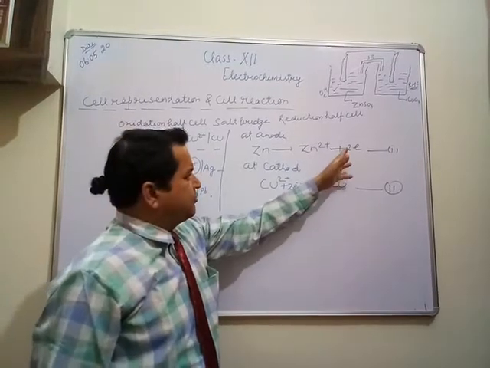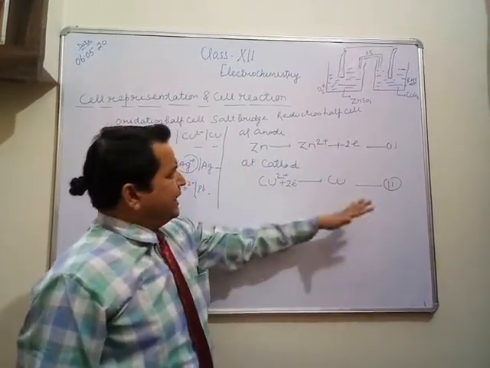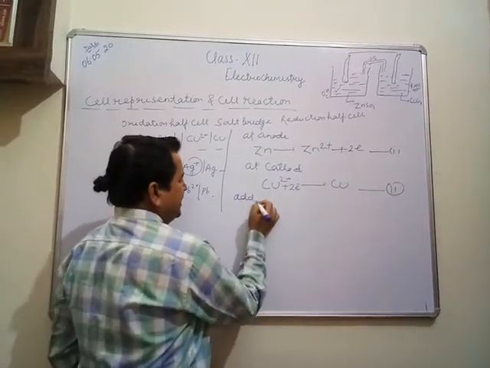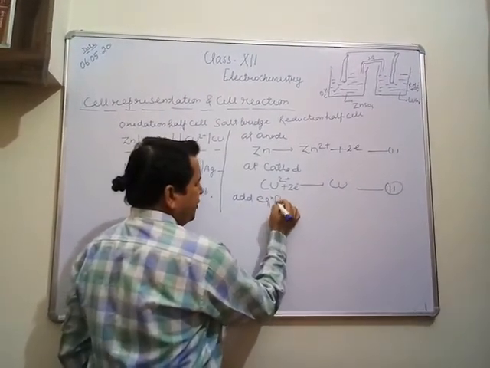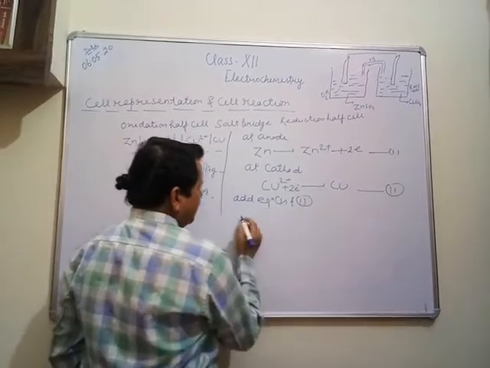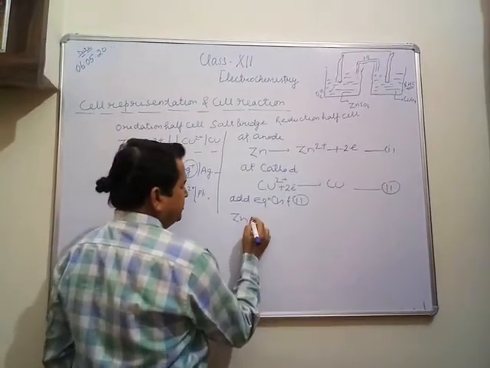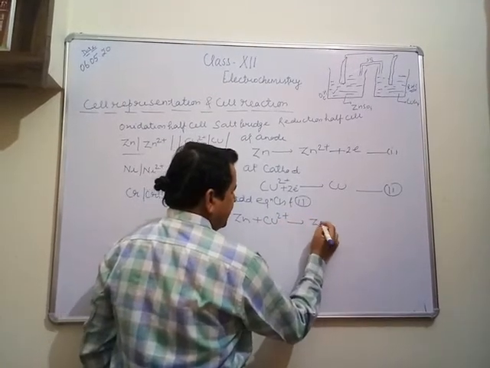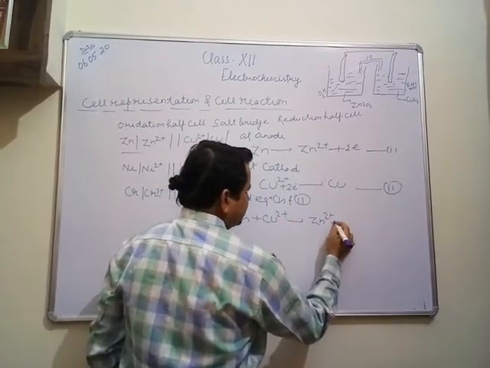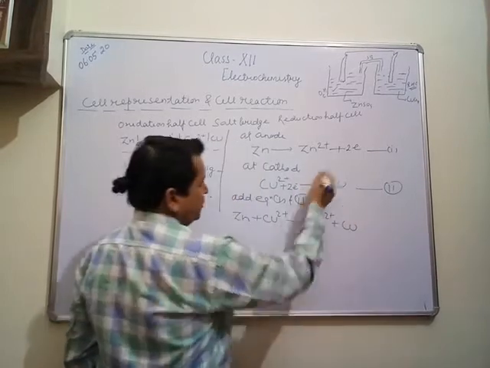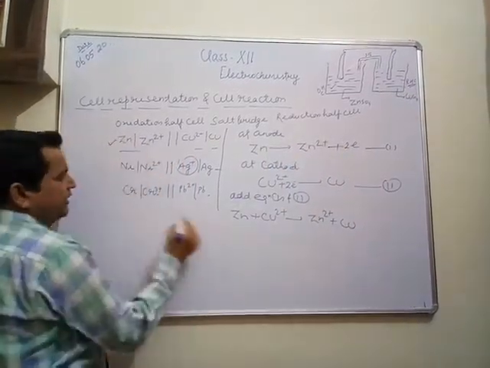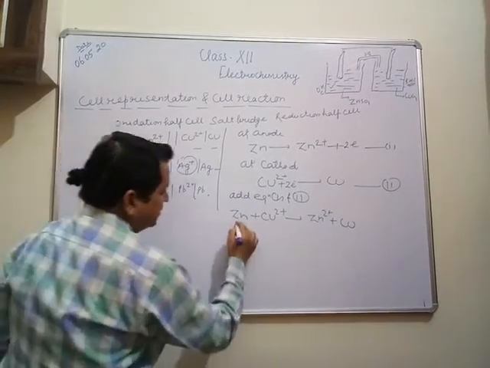It means it does not need any kind of change, so we can add equations 1 and 2. From here I get zinc plus Cu2 positive gives zinc 2 positive plus Cu, and 2 electrons cancel by 2 electrons, right? This is the cell reaction of this particular cell.